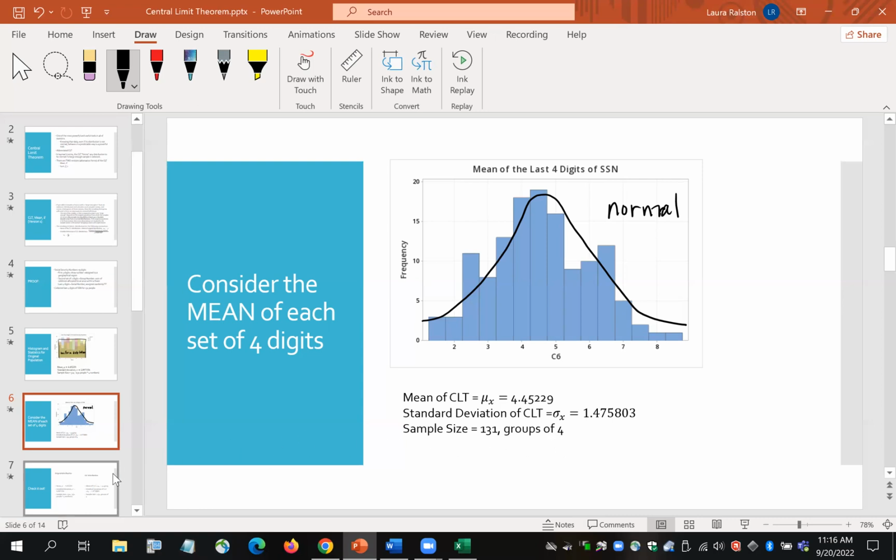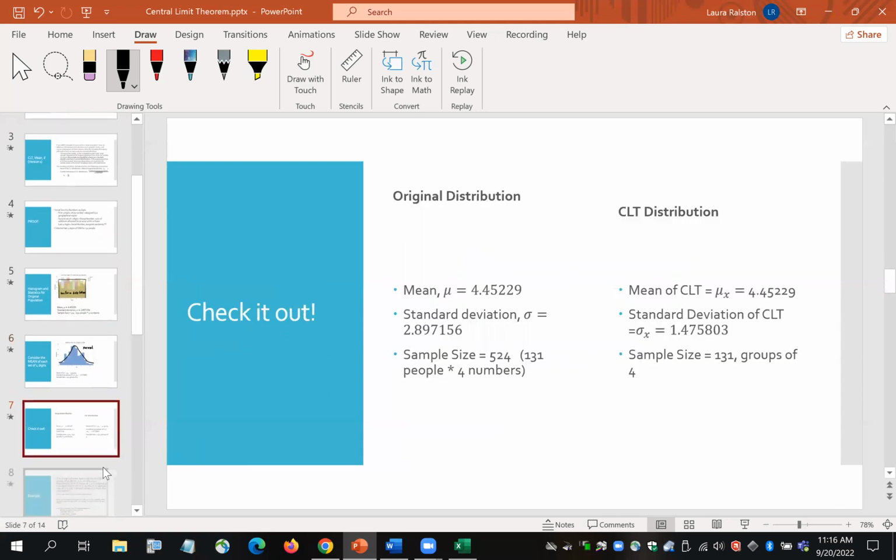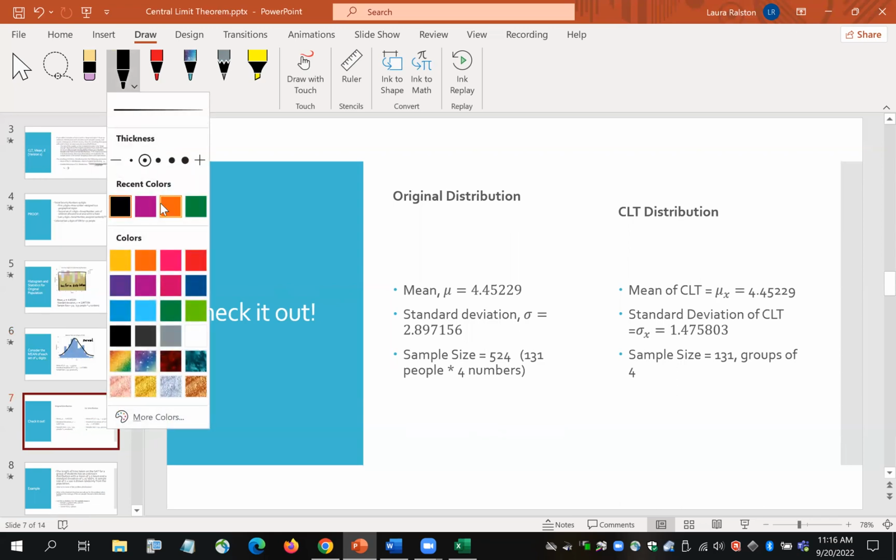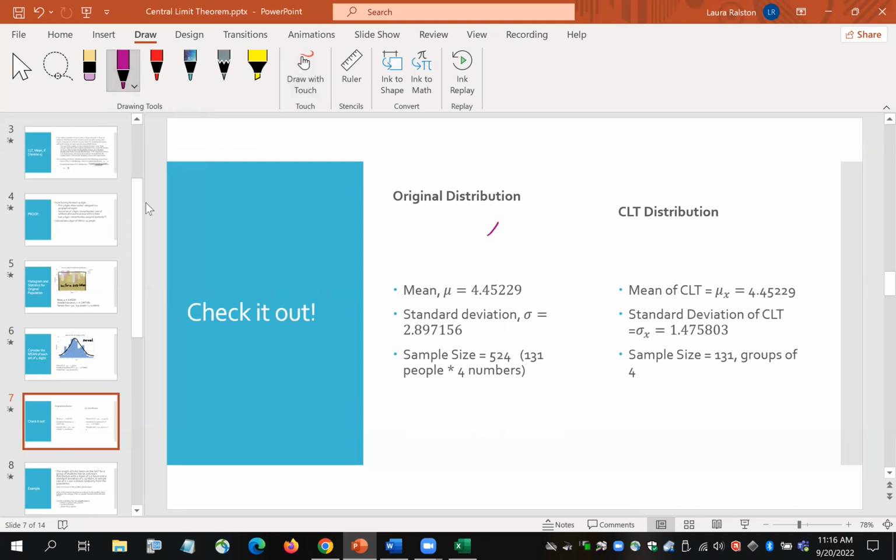Now let me put these numbers side by side. Check this out. I mentioned a minute ago that the mean of the original distribution was equal to the mean of the central limit theorem distribution.